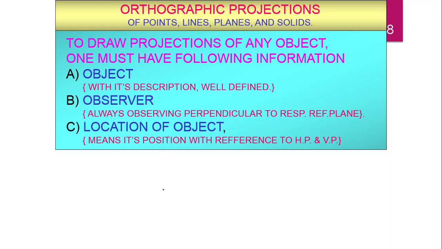If we say that the point is above horizontal plane, above HP, then we can say that the point can lie either in first quadrant or second quadrant.